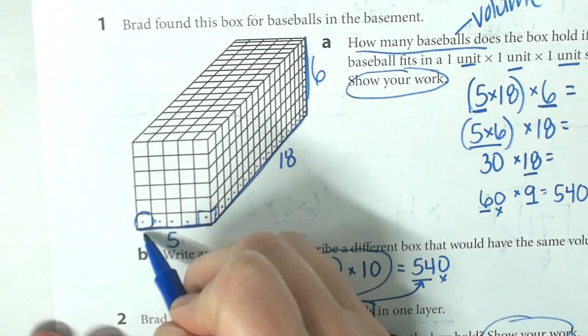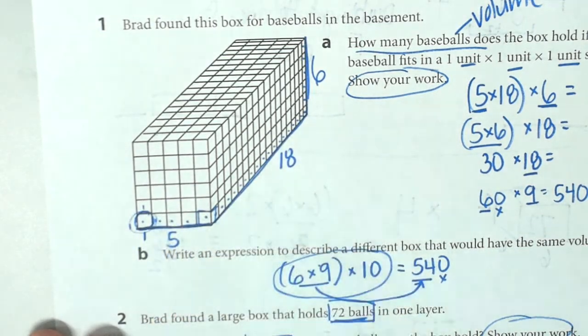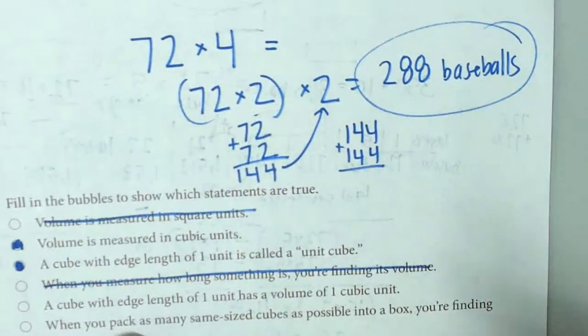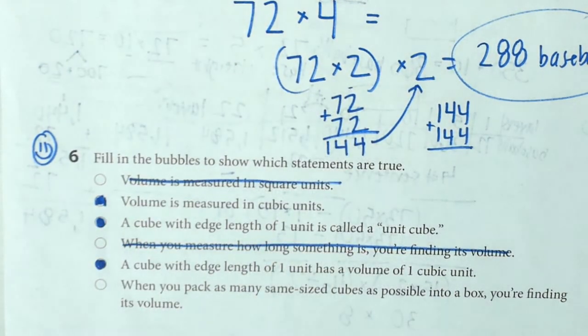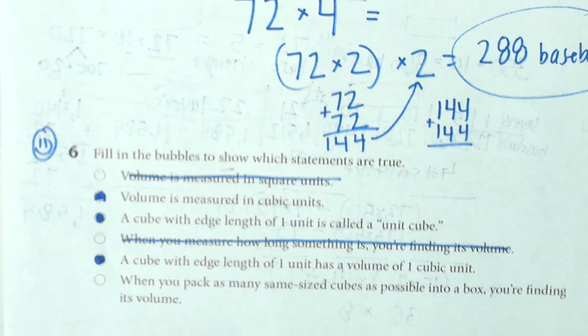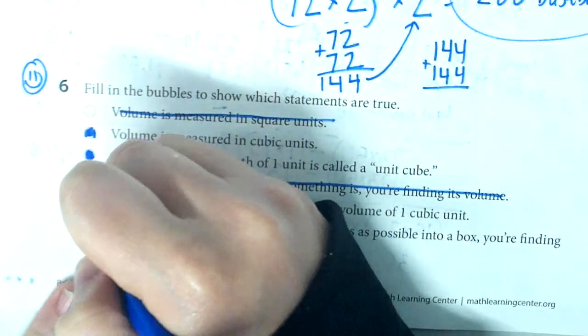So one of these tiny cubes, if it's a 1 by 1 by 1, if I multiply those together, I get 1 cubic unit. So that's true. And the last one, when you pack as many same size cubes as possible into a box, you're finding its volume. So when we're putting baseballs into the box, are we finding volume? Yes.